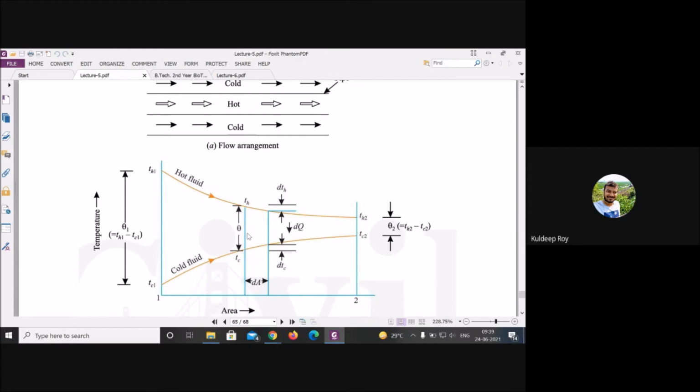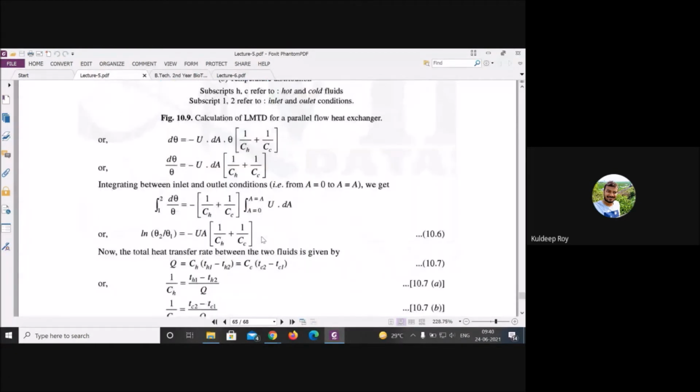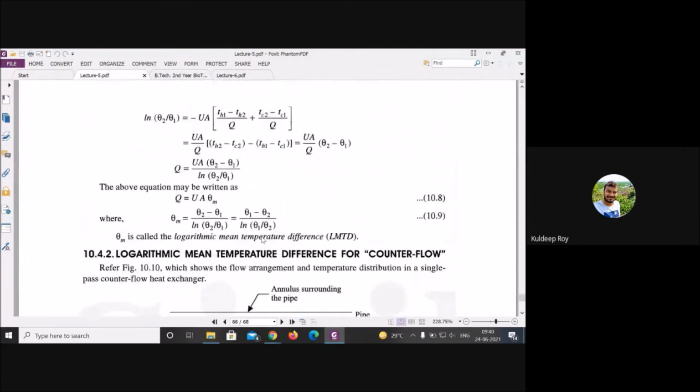We cut the small segment delta A. This is the temperature difference delta T for cold, and this is for hot. From here to here, it will make the line straight. Same thing, this temperature difference for cold and hot. By applying the fundamentals, the overall heat transfer coefficient we have already discussed, if you do the integration, this will be the final expression.